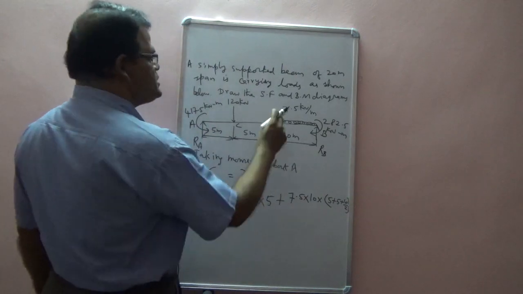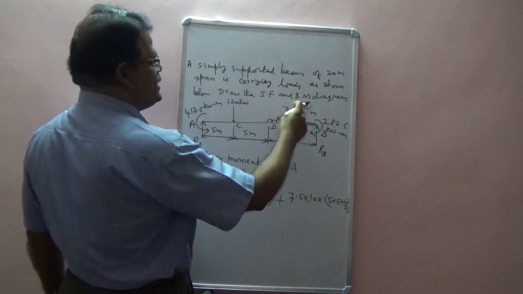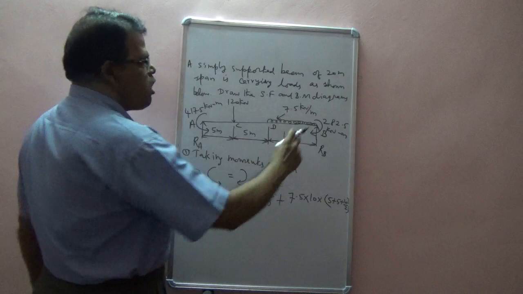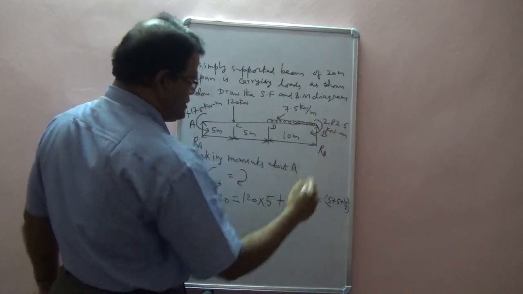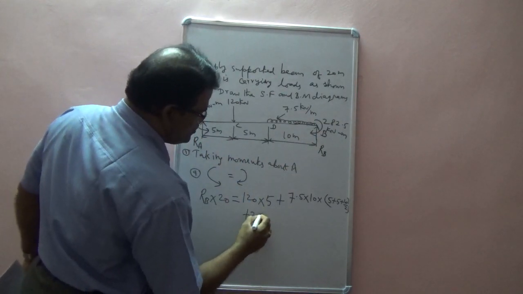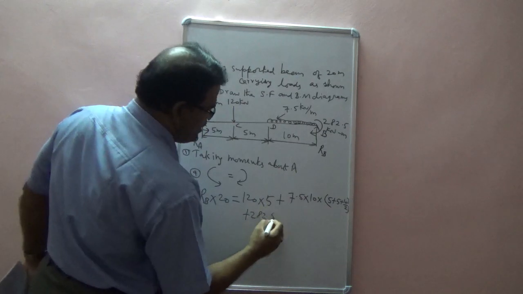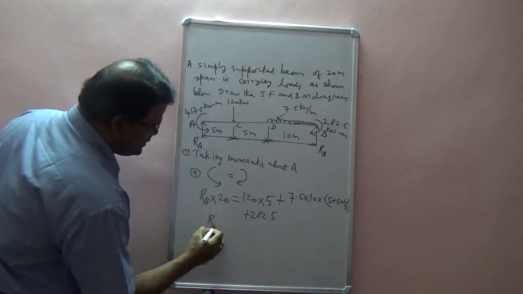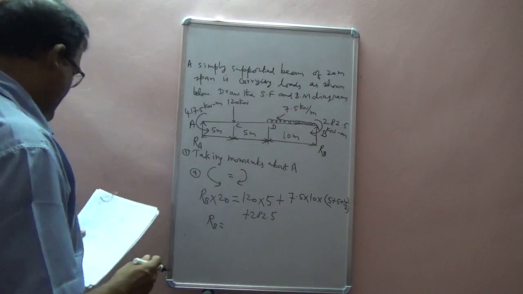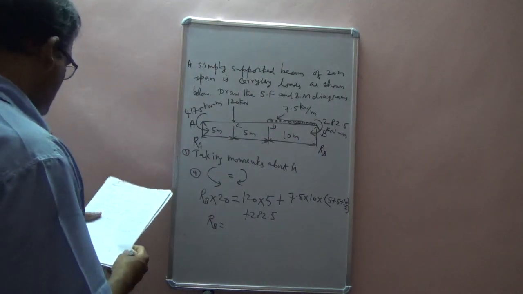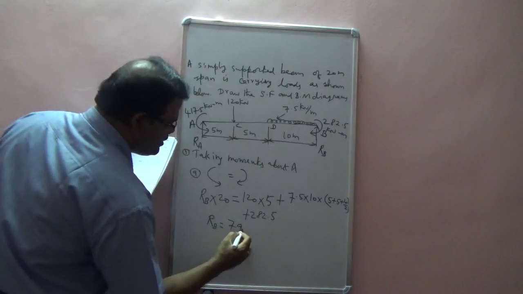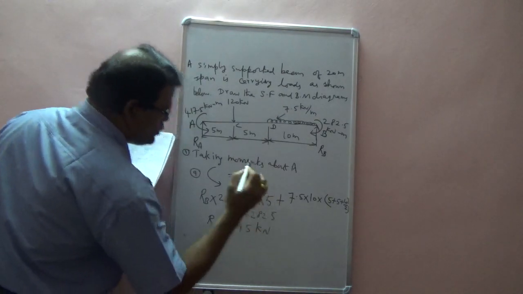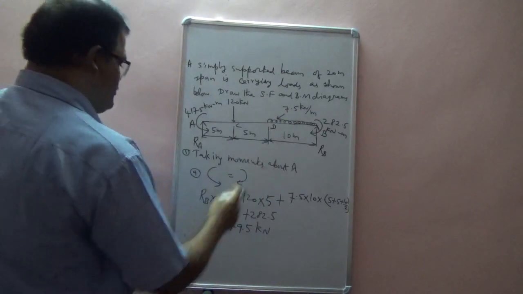This is the moment produced by the uniformly distributed load. Then there is a moment of 282.5. If you simplify, you will get RB as 79.5 kilonewton. So RB we have found out.